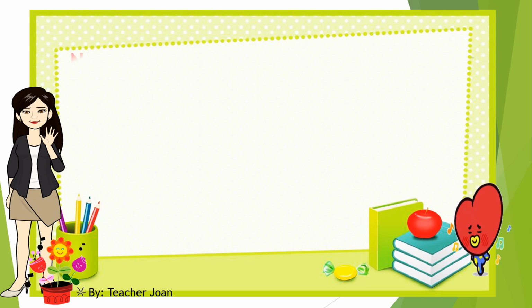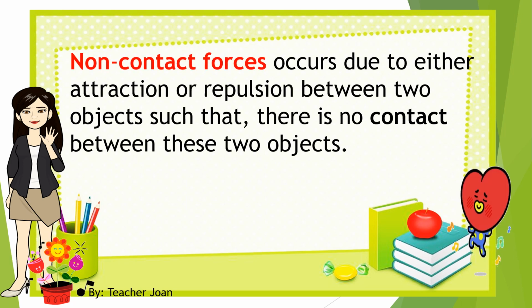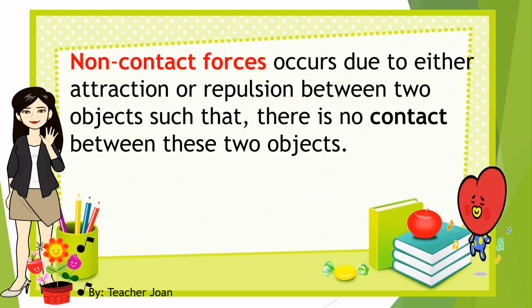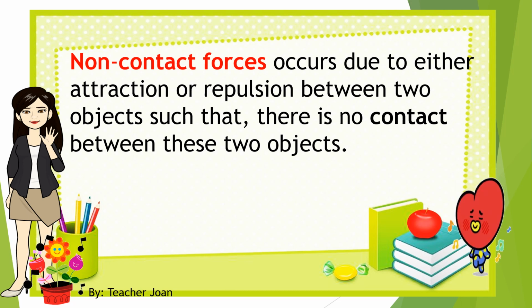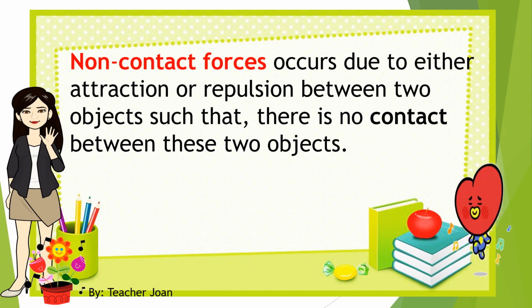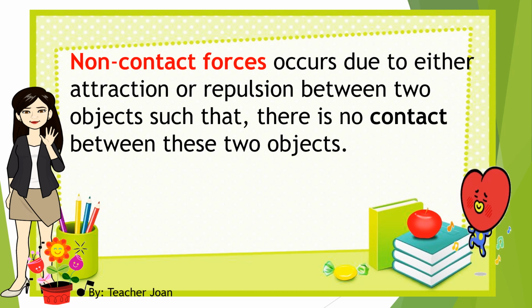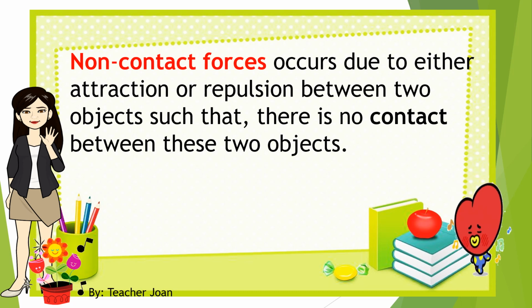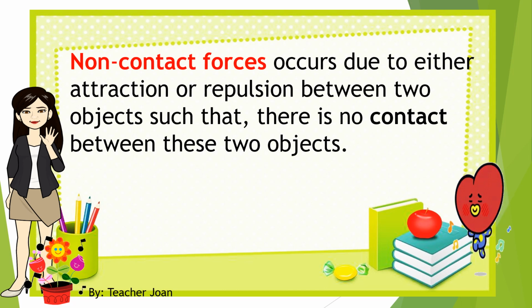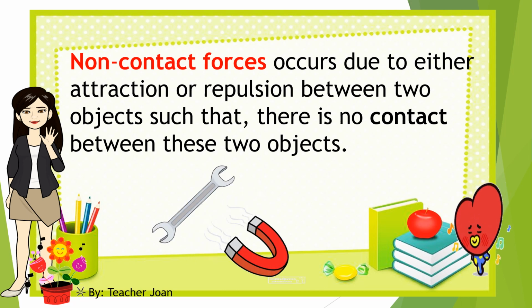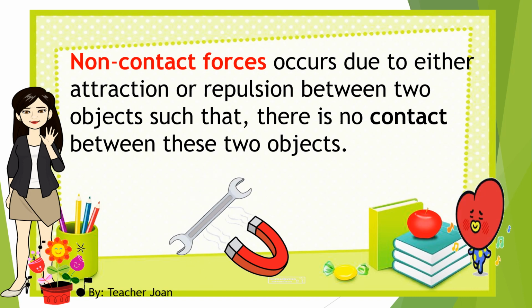Now let's move to non-contact forces. Non-contact forces occur due to either attraction or repulsion between two objects such that there is no contact between these two objects. The best example for this is the magnet and the metal wrench.